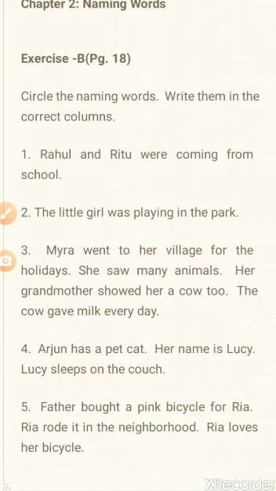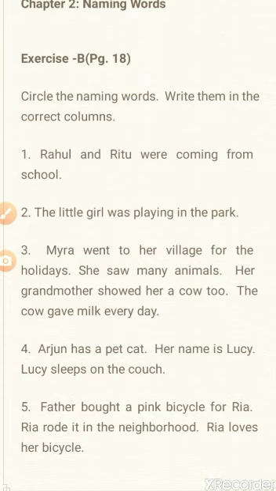Now the next part of the sentence is "Her grandmother showed her a cow too." Now her is not a naming word, but grandmother is a name given to an old lady. So it's a naming word. So circle the word grandmother as a naming word and write it in the people's column.